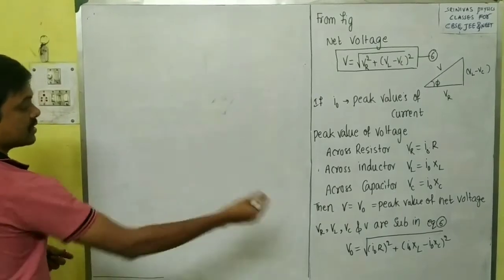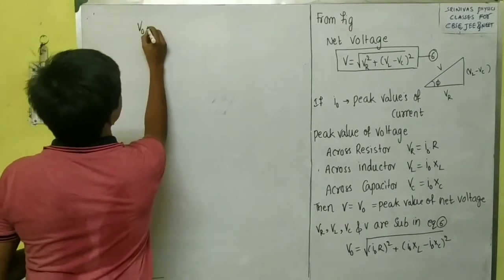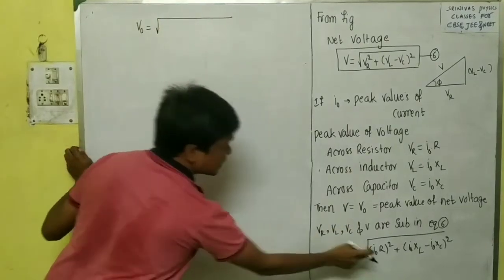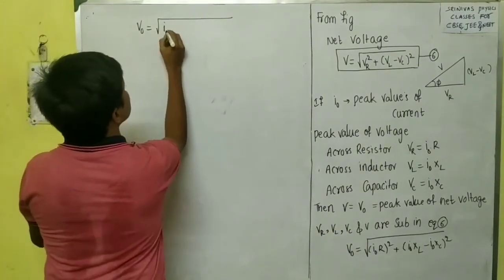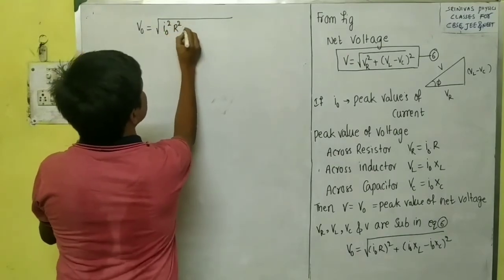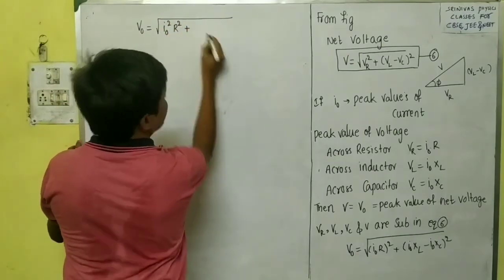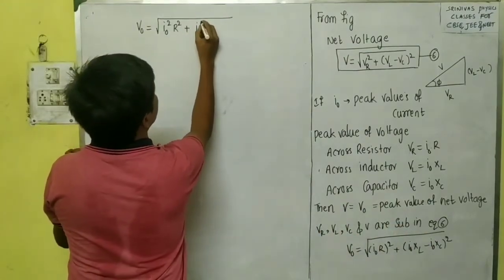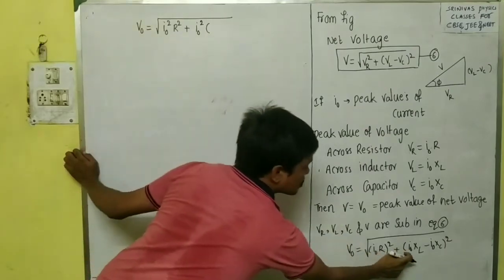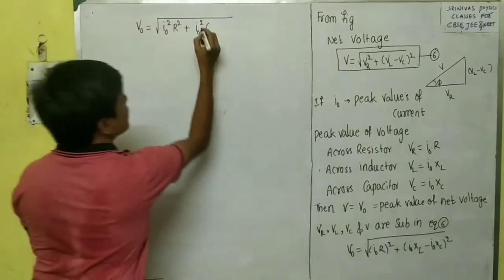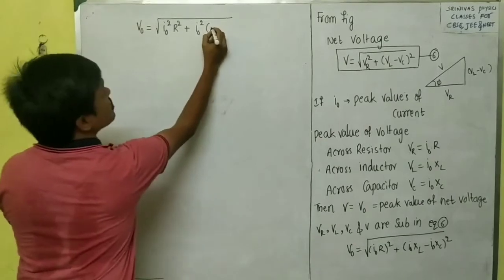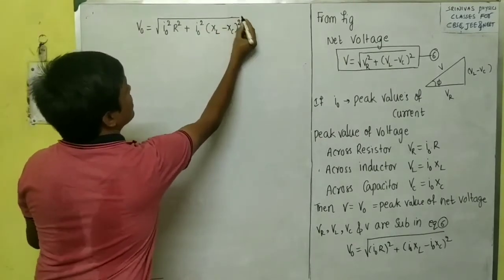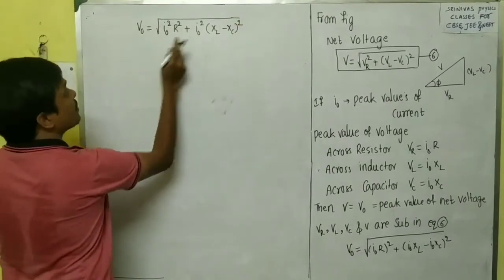Let us simplify that. V naught is equal to, on the right side, you see this equation: I naught square R square plus, I naught is common here, I naught whole square into XL minus XC whole square. Here I naught square is common.